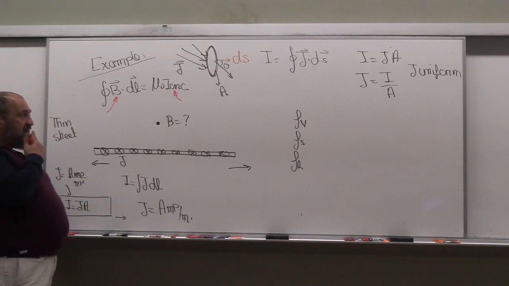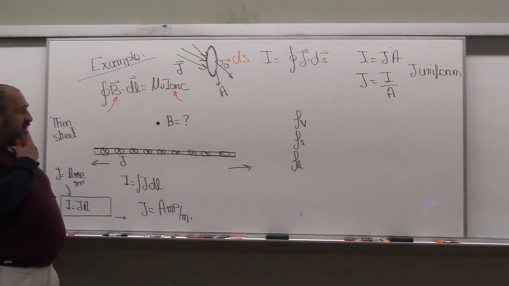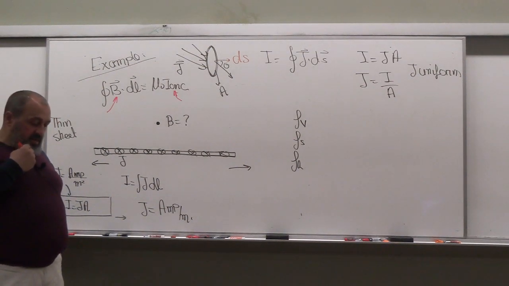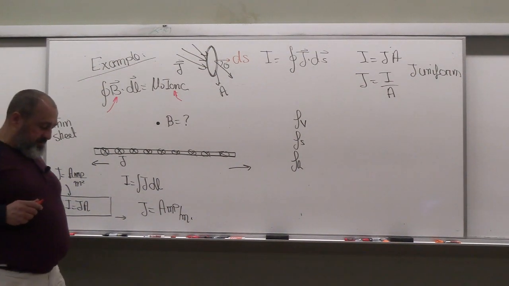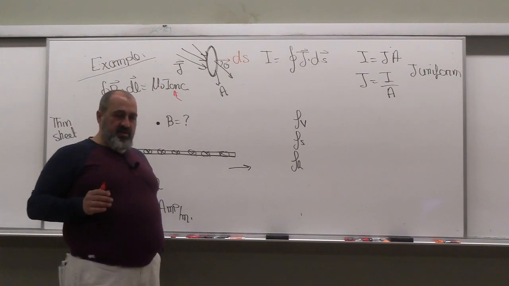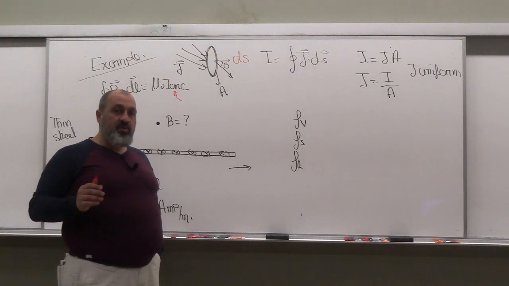So, what kind of loop am I going to choose to calculate my contour integral, or line integral, over? Think about it for a second. Keep in mind, just like in Gauss's law, we're looking for symmetry in the context that we want.